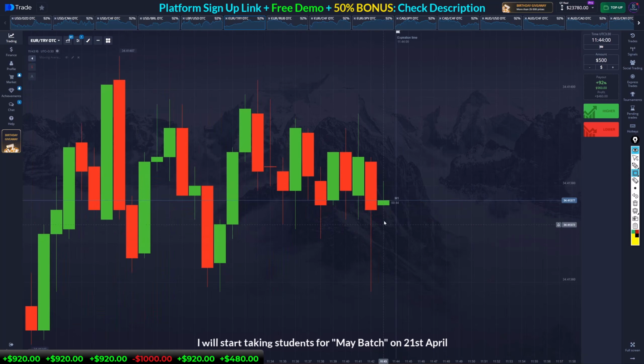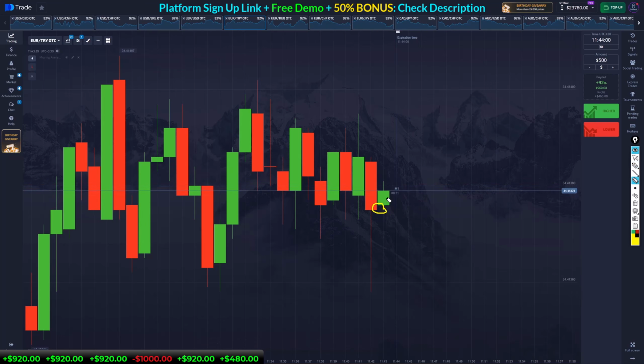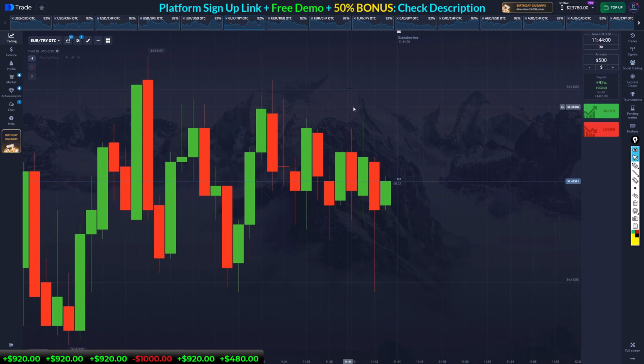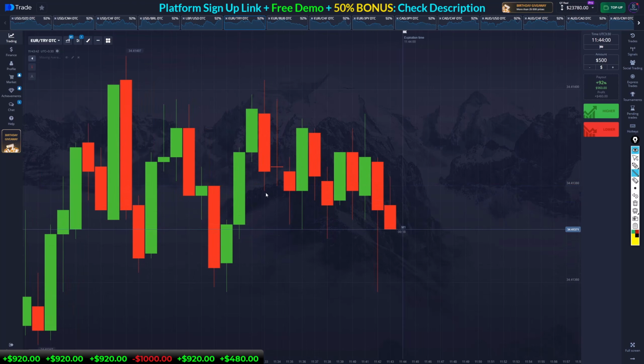Most likely the red-green pattern, the doji break, is going to work best on this kind of market. But I really don't trust gaps. You see this gap up here? It's in the favor of sellers. So I will not take this, especially since I already hit my take profit for today, okay?